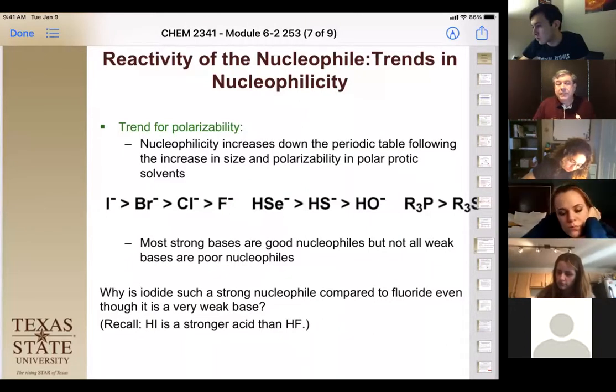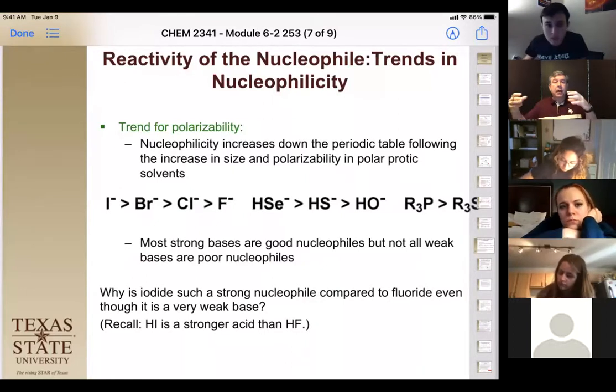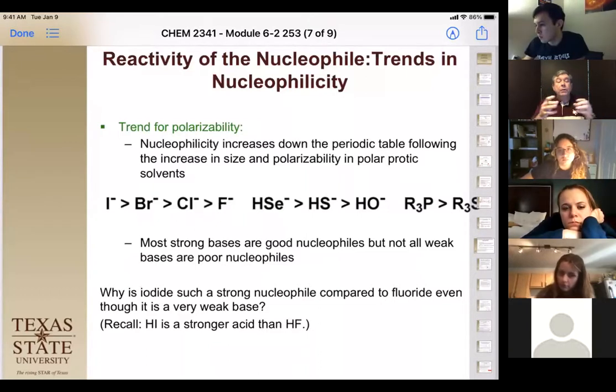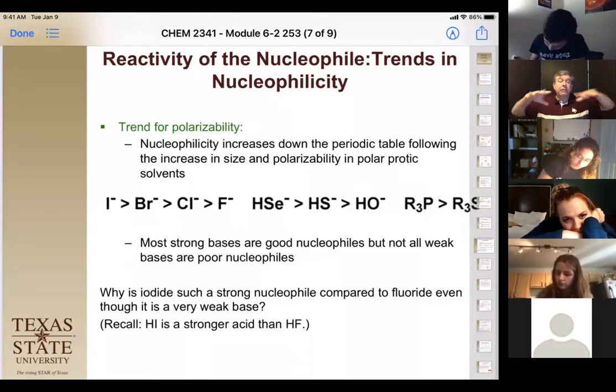But polarizability is a key because let's say you have your charge and it's spread out further away from your center, so that it can be tugged on by fields or charges nearby more than if you had a very small atom that had electrons very tight around the core. It's very hard to pull on those electrons. So when you have larger atoms that have these big groups of electrons, big fluffy atoms, they are more polarizable.